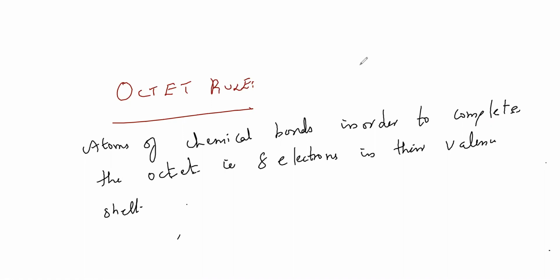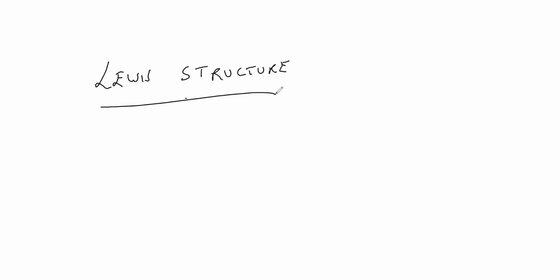I'm going to the next page. Lewis structure. We are all talking about chemical bonding. First, a pair of bonded electrons is represented by a dash.